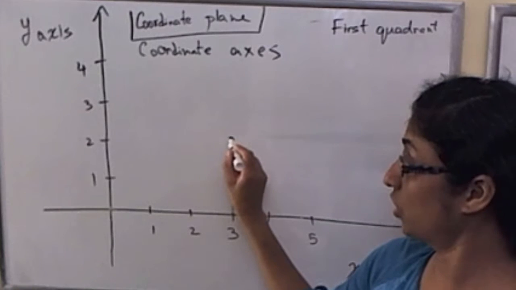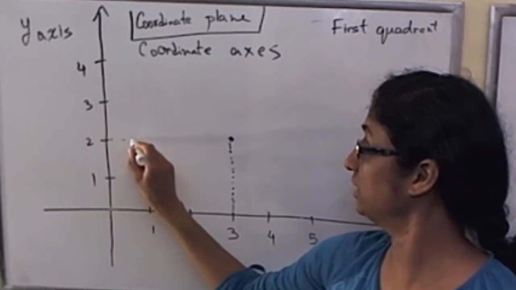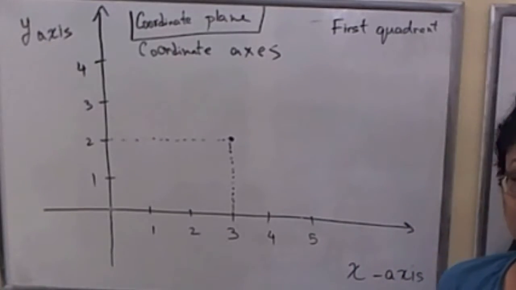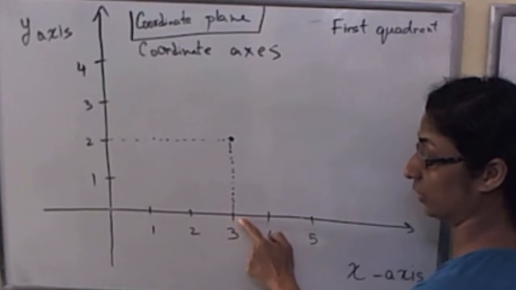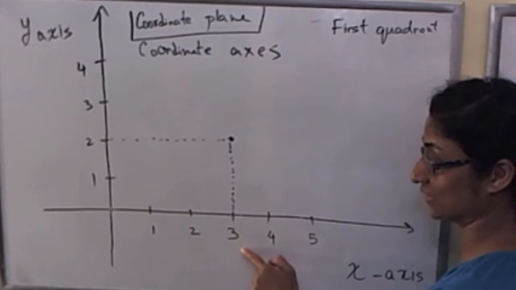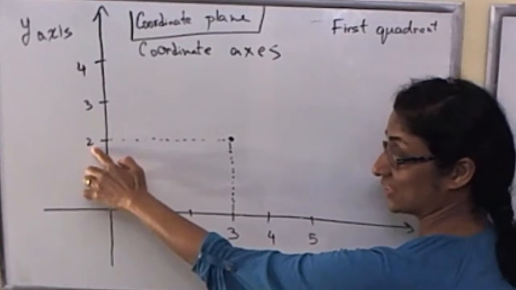Similarly, I draw a horizontal line through this point and I make it intersect the y-axis in that manner. And notice the numbers on the intersections. On the x-axis, this vertical line intersects the x-axis at 3. This horizontal line intersects the y-axis at 2.